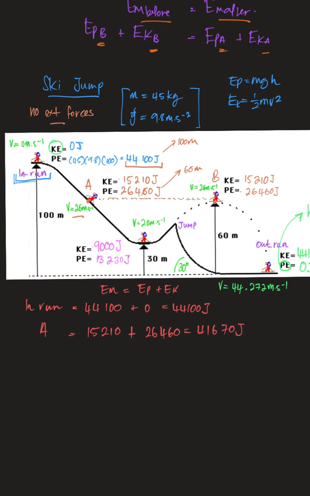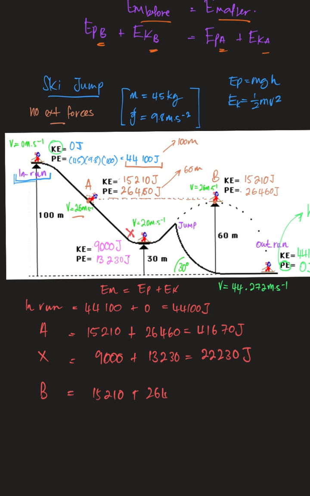Right, at point here at the bottom, I'm going to call this point X. At point X here at the bottom, I've got 9,000 plus 13,230 joules. And here I've got 22,230 joules.